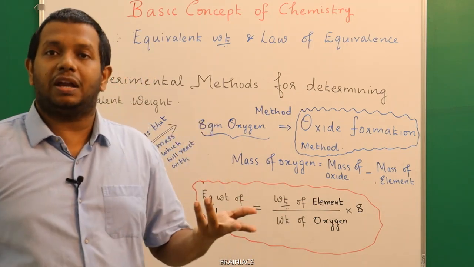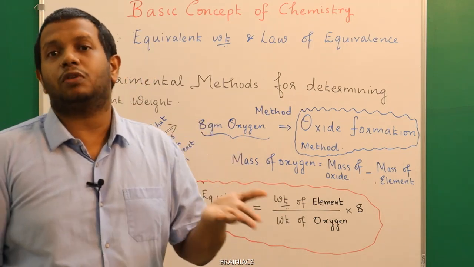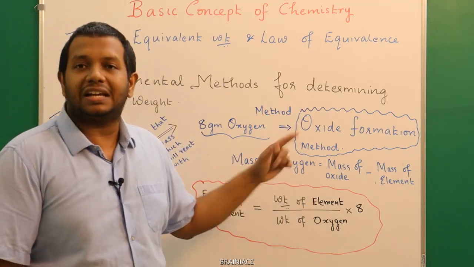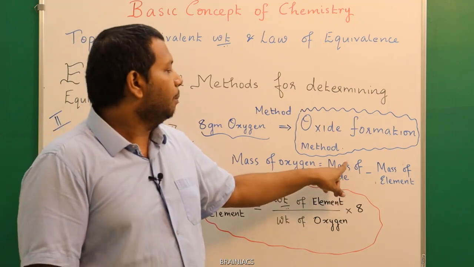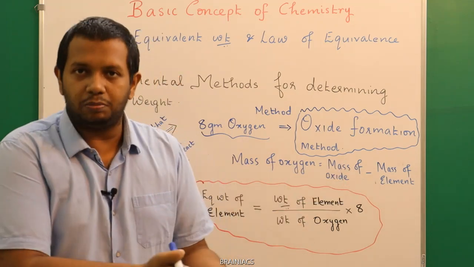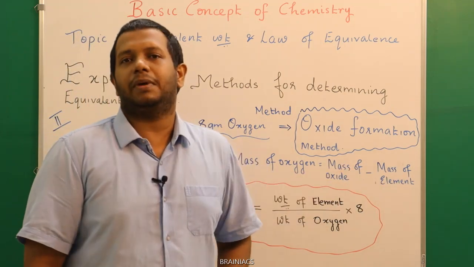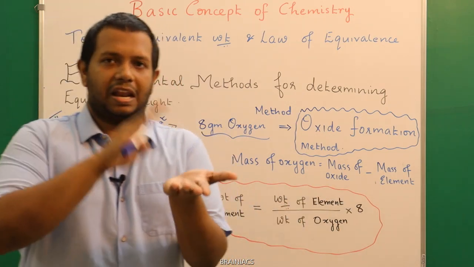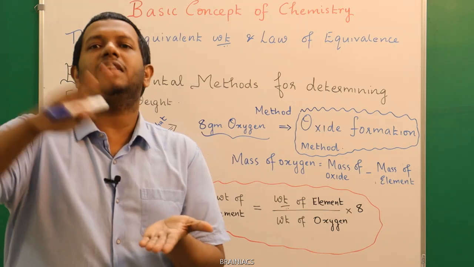Now how to calculate the weight of oxygen, how much amount of oxygen has reacted? What you need to do, mass of the oxygen that has reacted is equal to mass of the oxide that is formed minus mass of the element you have taken, correct? That will be the mass of the oxygen, because element combines with oxygen giving elemental oxide.